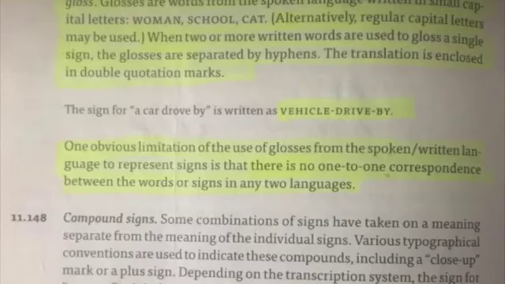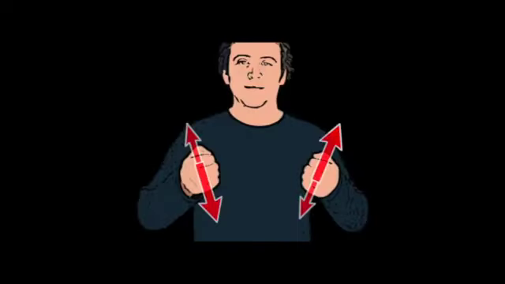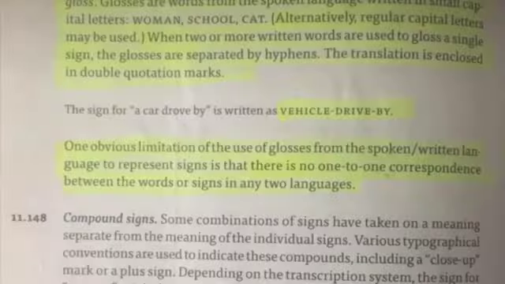Now, underneath, one obvious limitation of the use of glosses from the spoken written language to represent signs is that there is no one-to-one correspondence between the words or the signs in any two languages. So what that is basically saying is that even though you've got the sign language and the spoken language, which is English, there's no correspondence between the words or the signs in any two languages.